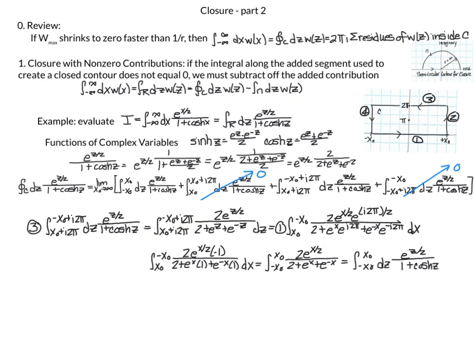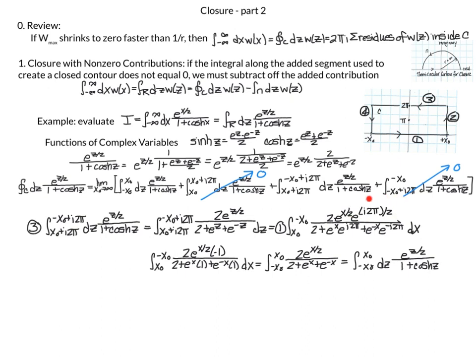Now looking at the integrand, I'm going to bring my 2 e to the x over 2 down, and then looking at e to the i 2 pi divided by 2, so we have e to the i pi. So thinking of our unit circle, the radius is equal to 1 for e to the i 2 pi, and then if we go around pi radians, we're going to get to the value of -1.